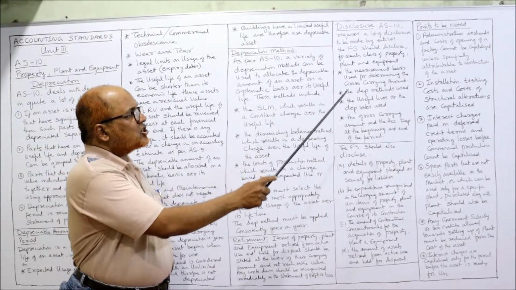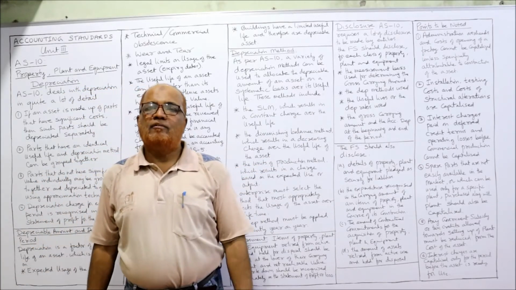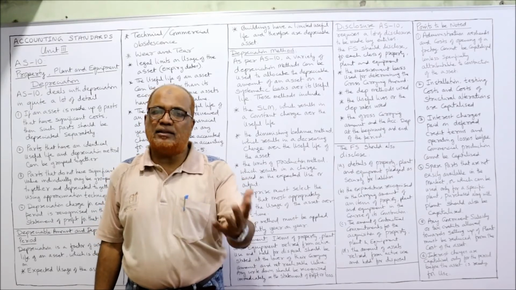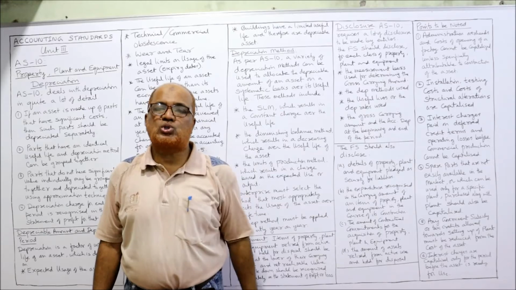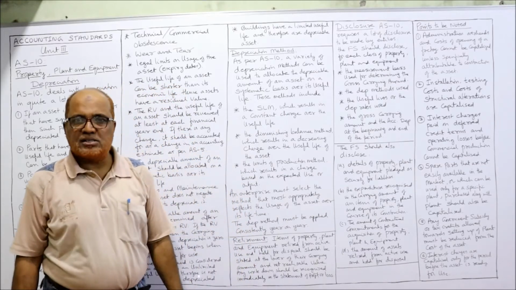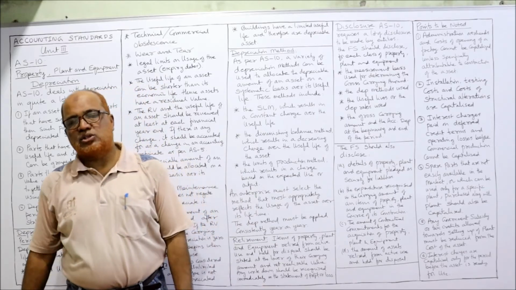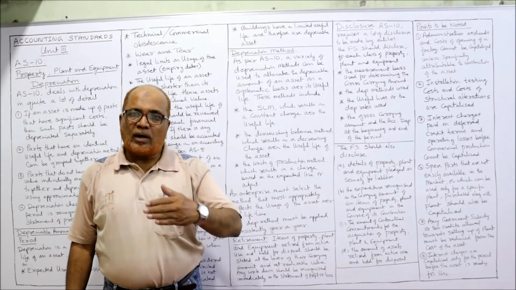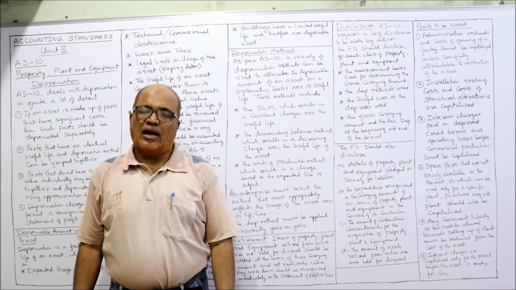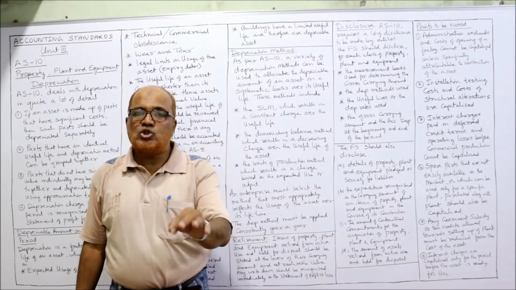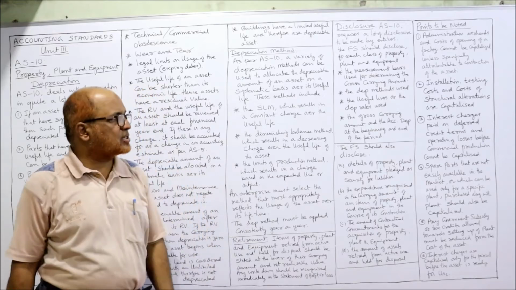Secondly, the depreciation method used. Which depreciation method we have applied in calculating the depreciation should be disclosed in the financial statements. Thirdly, the useful lives or depreciation rates used. What is the life of the asset and what is the rate of depreciation we have applied, that should be disclosed in the financial statements.